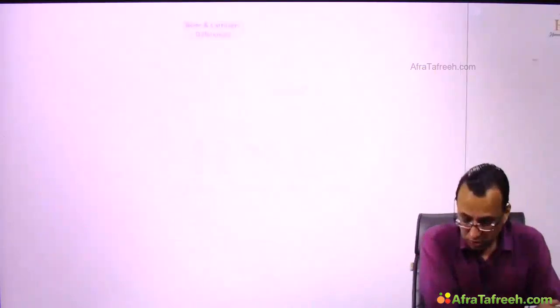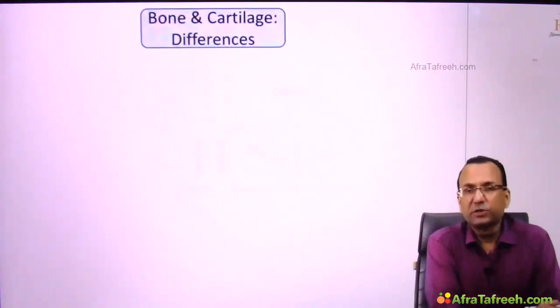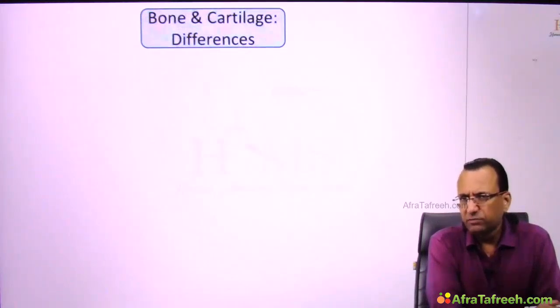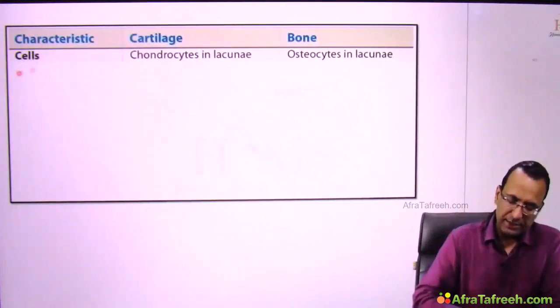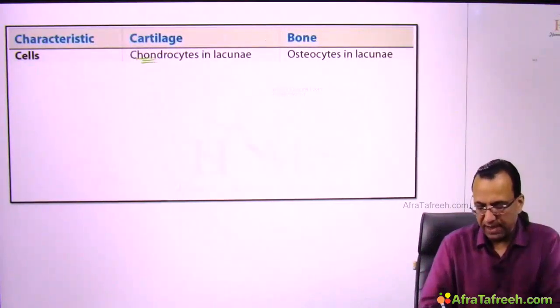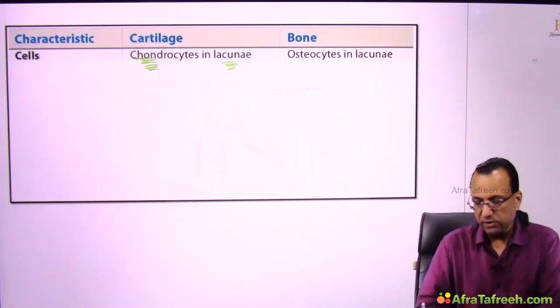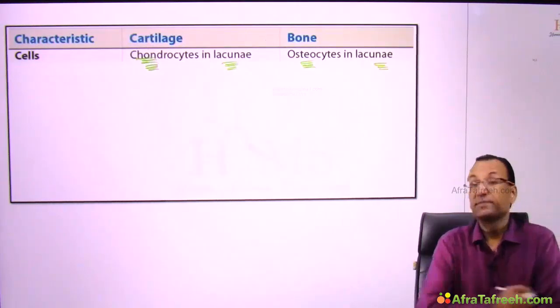Now, as you talk about the differences between bone and cartilage, they have some similarities, but there are differences also. See, cells in the cartilage were called chondrocytes. They are in the lacuna. And here it is osteocytes in the lacuna.